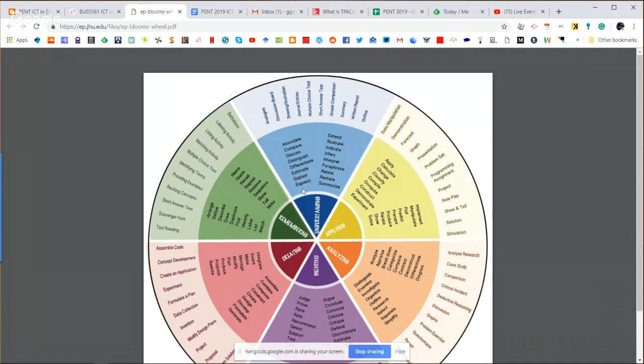So all these verbs tell you what level this lesson is pitched at. And you can do the same thing whenever you're taking on anything. You can tell what level this thing is pitched at based on the verbs that people use to explain it.